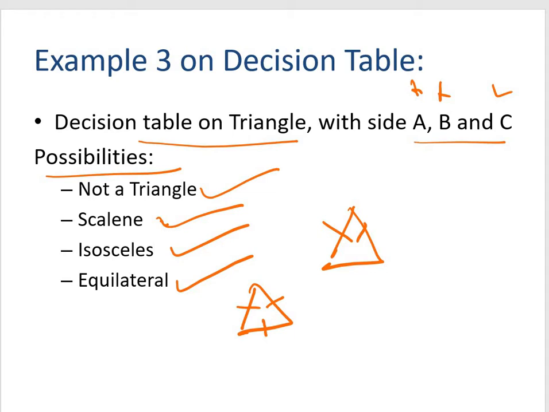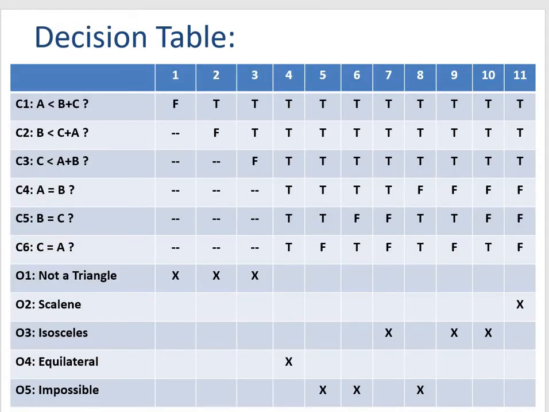So in this case we will be having these many rules: 1, 2, 3, 4, 5, 6, 7, 8, 9, 10, 11. The first condition will be the sum of two sides greater than the third, the second will be the next two sides greater than the third, and the last one will be the next two sides greater than the last one.